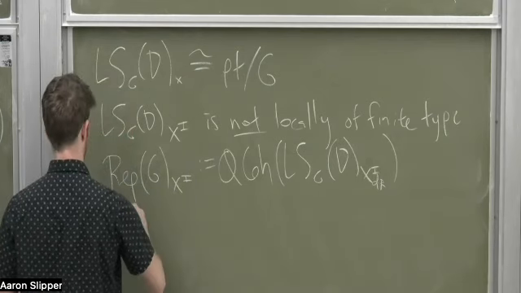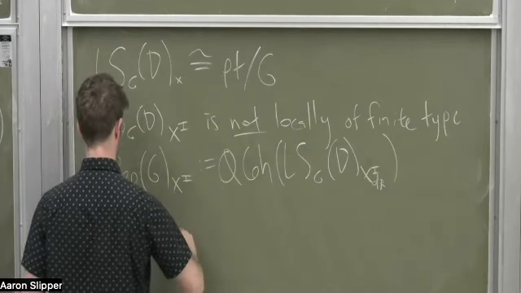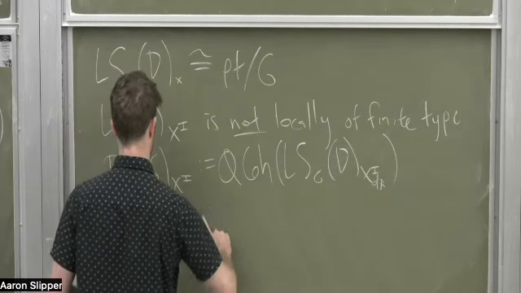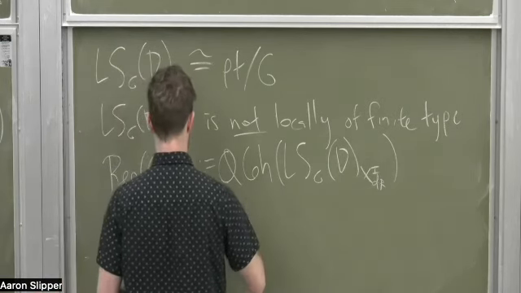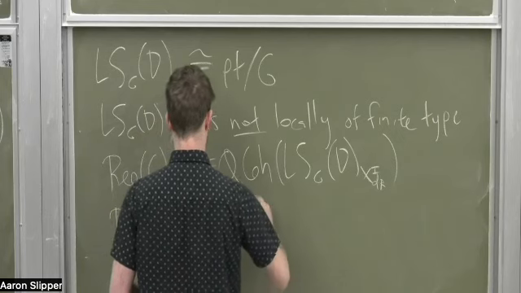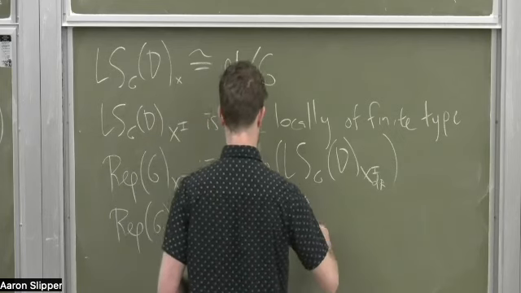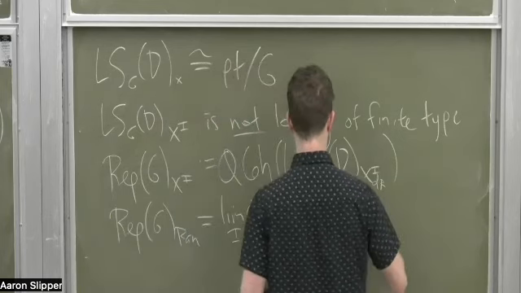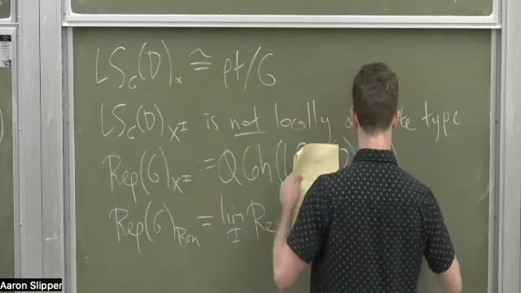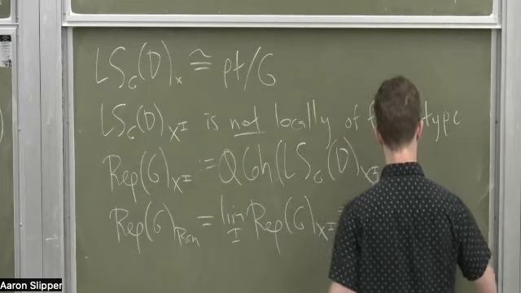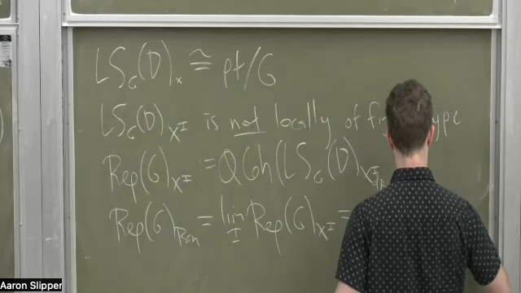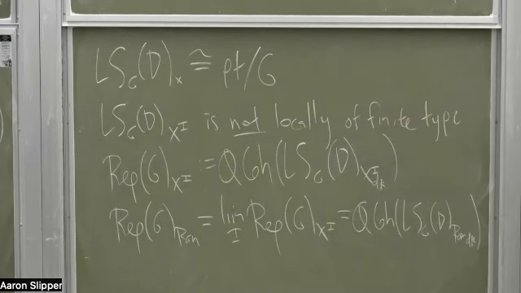In particular, I can do this on the whole Ran space. That's the limit of the categories over x to the I for all I, or I can also say it's QCoh of the version of this over the entire Ran space. Either way.